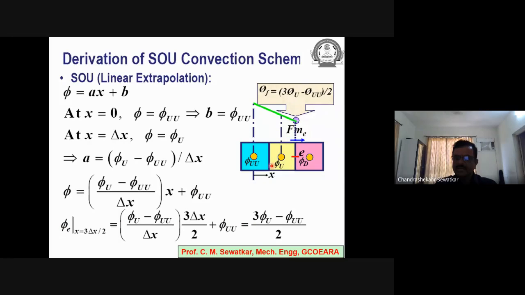So this phi e is required to be determined. Once I determine this phi e, I can calculate the convection across this east face. How do I calculate convection across this face? I know the expression, that is C_P east face.